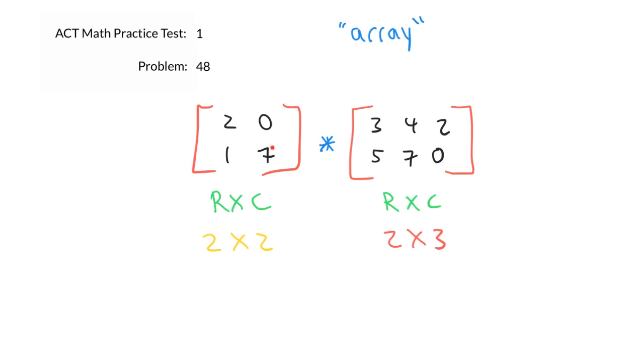Some of you can already see where I'm going with this. The question literally asks, which of the following matrix products is undefined. So now the question is, how do you know if it's possible to multiply two matrices together?